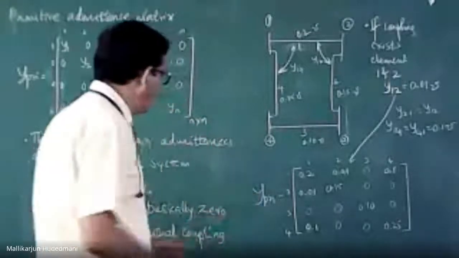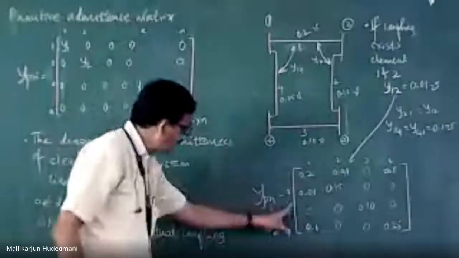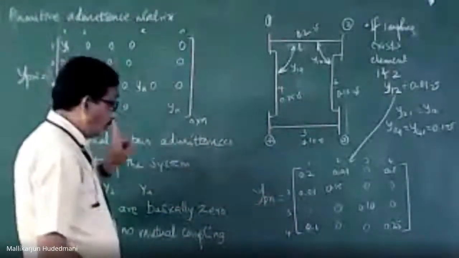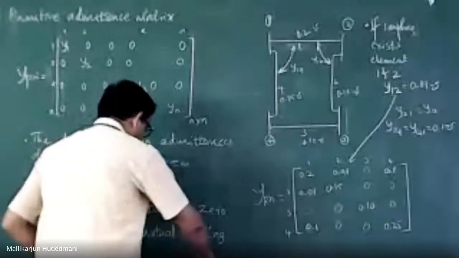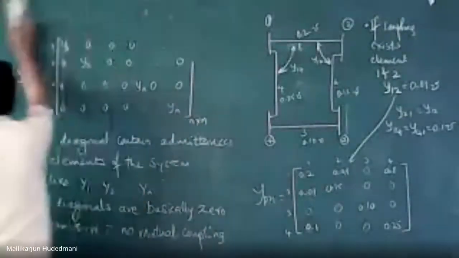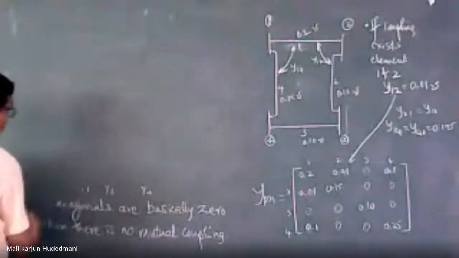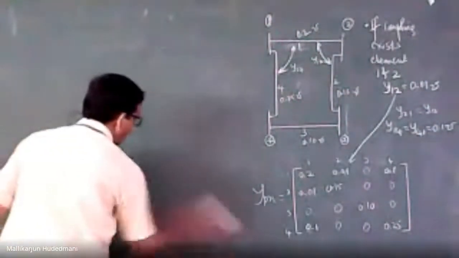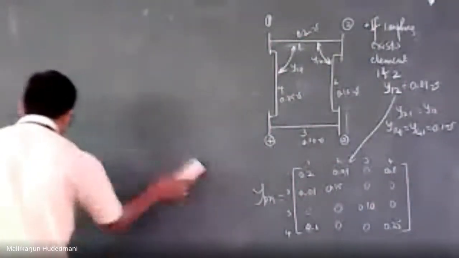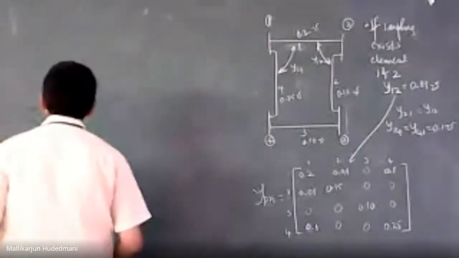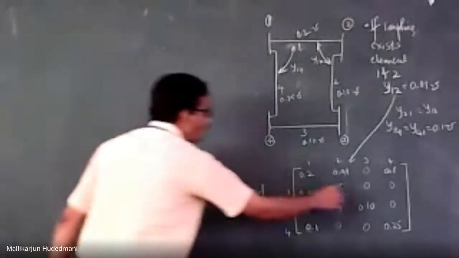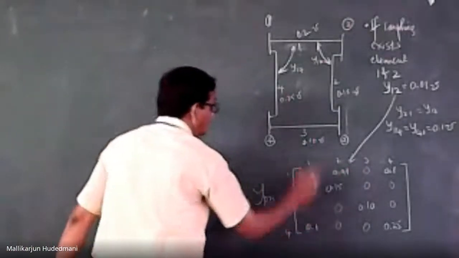So therefore, how do you use this? If this matrix is found in the original representation, I shall take this out now. When I had a matrix in this way, this is just to make you understand the properties of y primitive. Basically, the elemental data will be on the main diagonal and mutual admittances will be on the off diagonal positions. This is the characteristic.